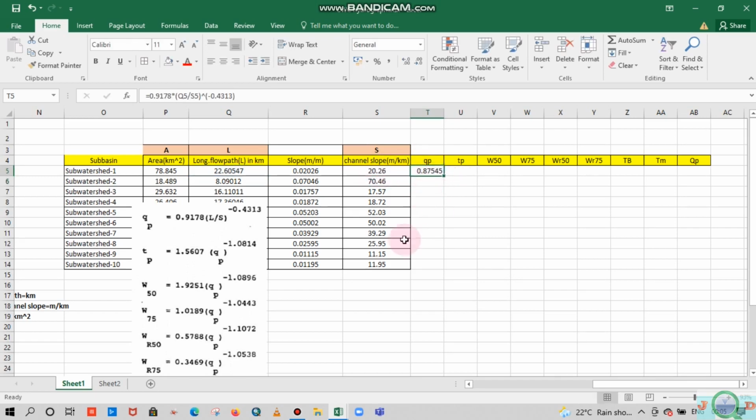So this one is the qp here. Just drag it down. Similarly for the Tp, it is 1.567 into qp to the power minus 1.014.